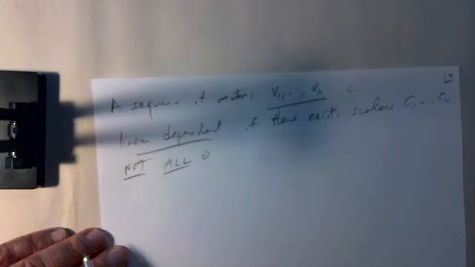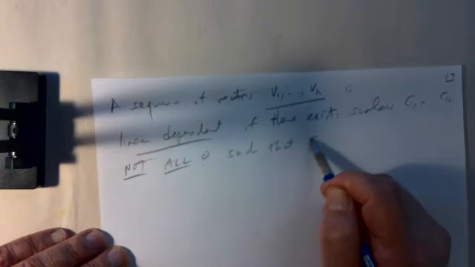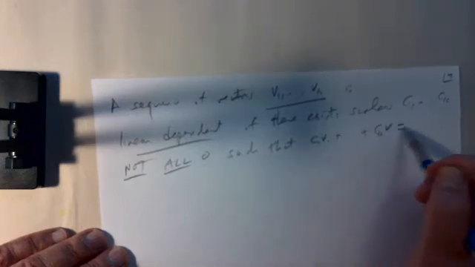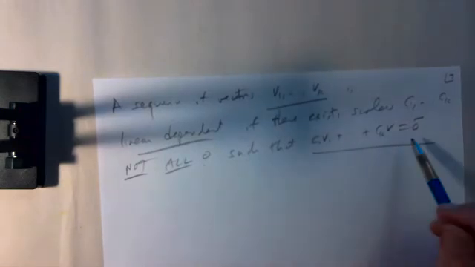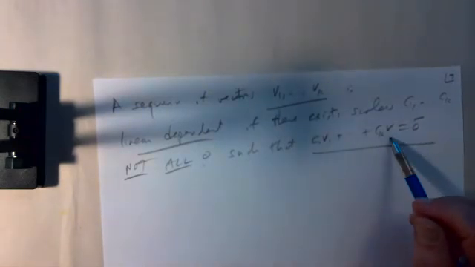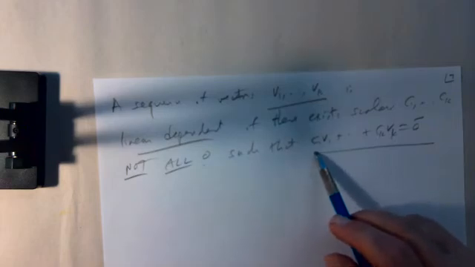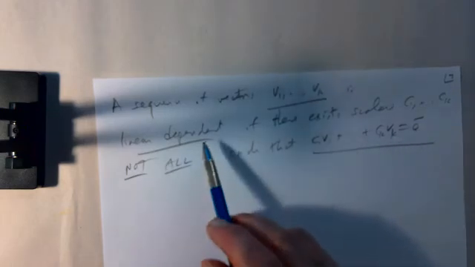Some of them can be 0, but they can't all be 0, such that c1 v1 plus up to ck vk, this linear combination, is the 0 vector. So if there's a linear combination of your vectors with the coefficients not all 0, and that linear combination equals the 0 vector, then the vectors are called linearly dependent.